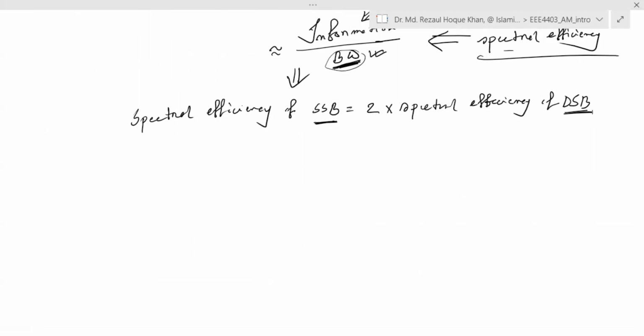Now, how do we generate this SSB modulated signal? This topic is the generation of the SSB modulated signal.